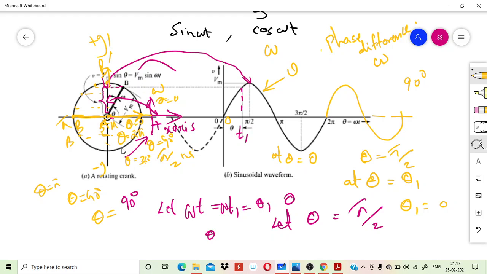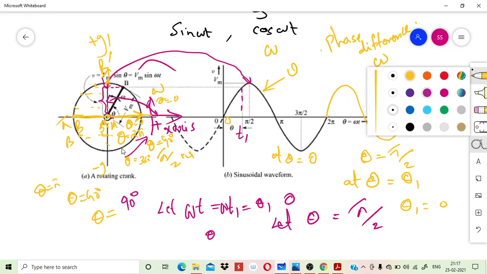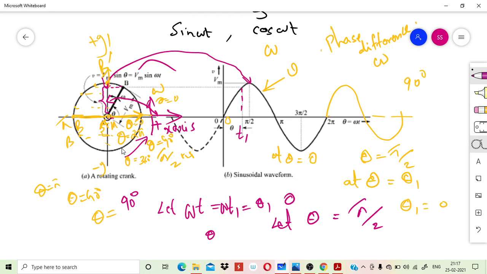This is our phasor. Then at the same theta 1 equal to 0, the cosine function starts from the positive y-axis, like this.